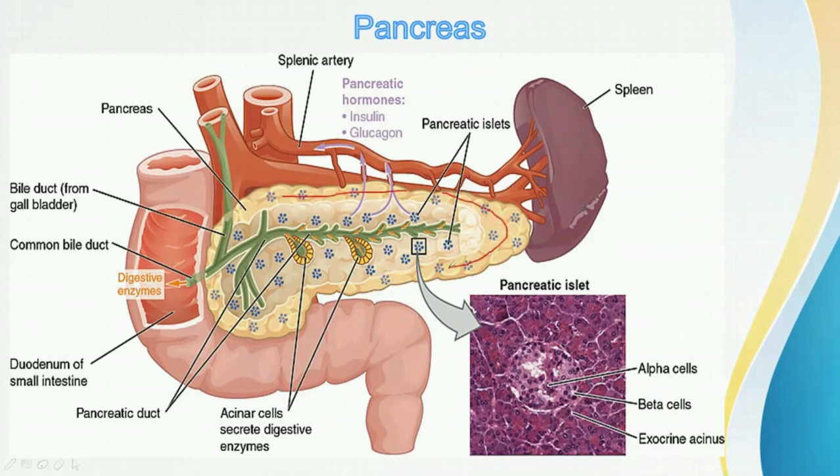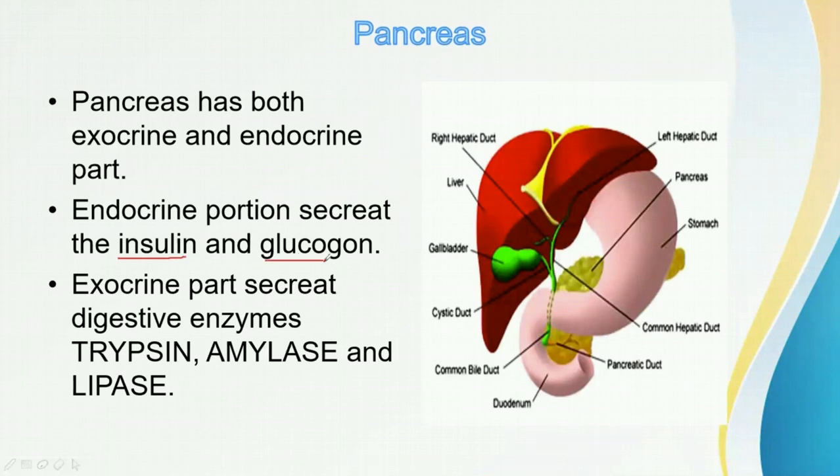Sorry, the outer portion we call endocrine, and this inner portion we call exocrine. The endocrine portion secretes two hormones, insulin and glucagon, and the exocrine part secretes the digestive enzymes which help in the digestion of the food, that is trypsin, amylase, and lipase.